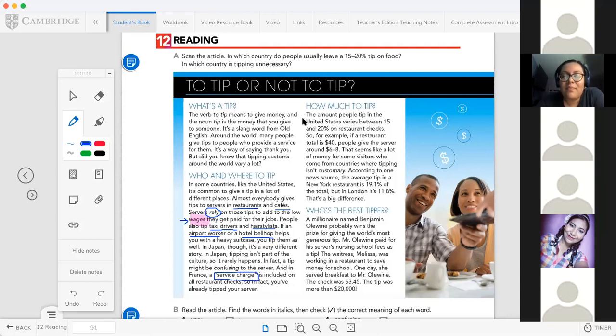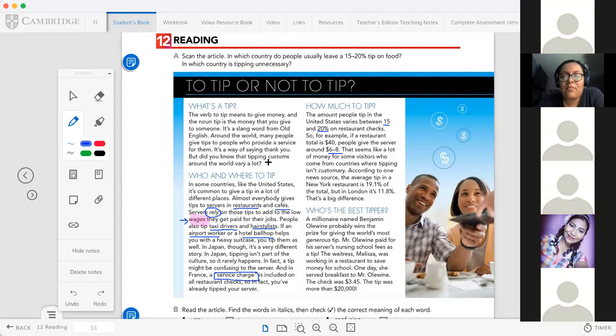The amount people tip in the United States varies between 15 and 20, ¿cómo se dice por ciento? Percent. Percent on restaurant checks. So, for example, if a restaurant total is 40, people give the server around 6, 8.